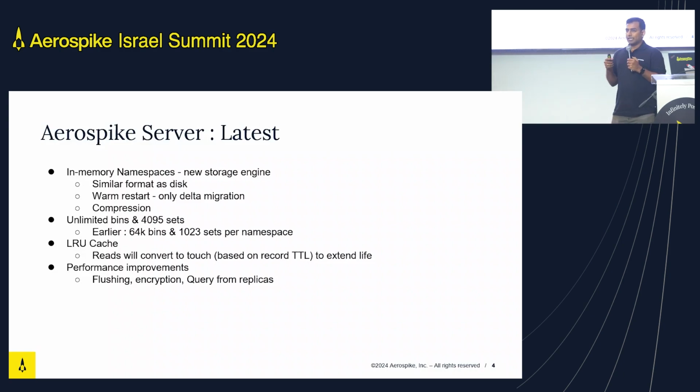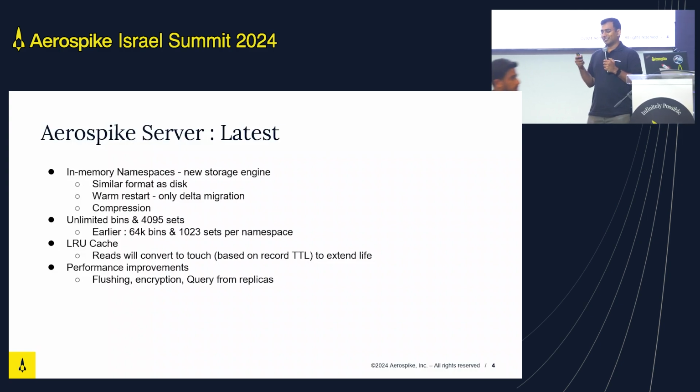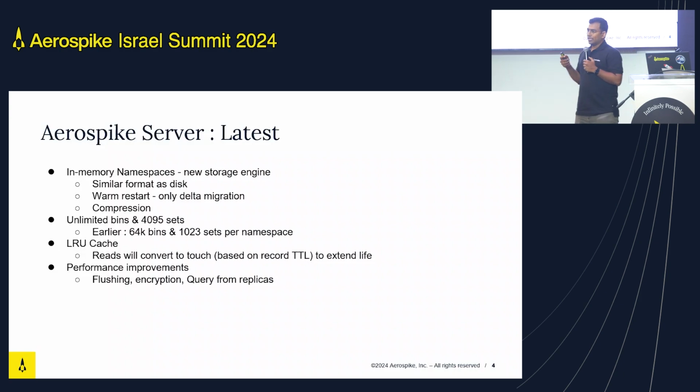If you are used to upgrading the nodes by restarting, you may be waiting for the migration to finish, which may take minutes, hours, potentially days. But if you use the new in-memory layout, or you just upgrade to the new in-memory system, the future restarts are going to be warm restarts. That means all the data which is already in memory is going to stay there across process restarts.